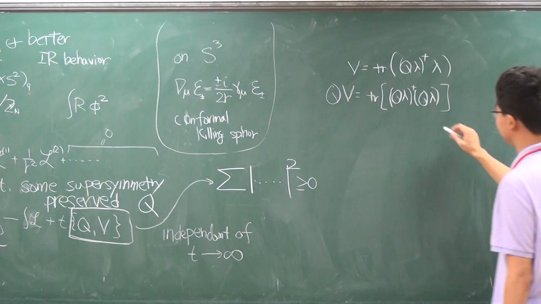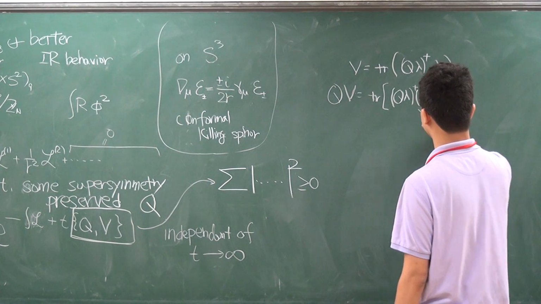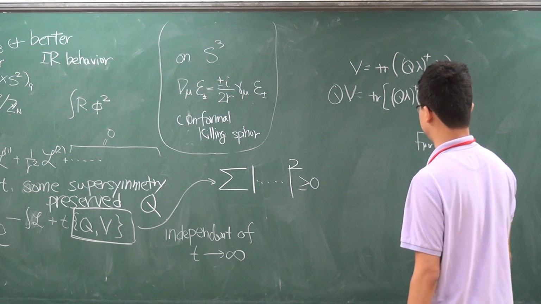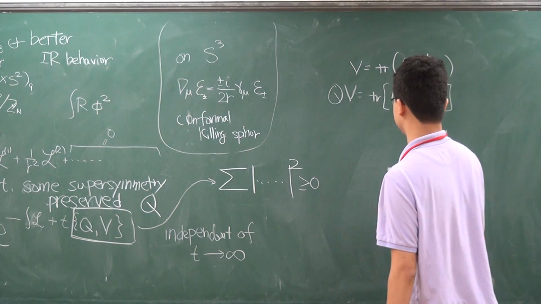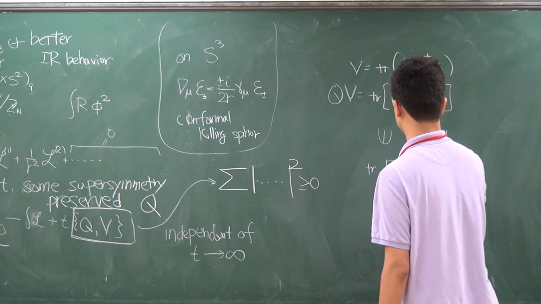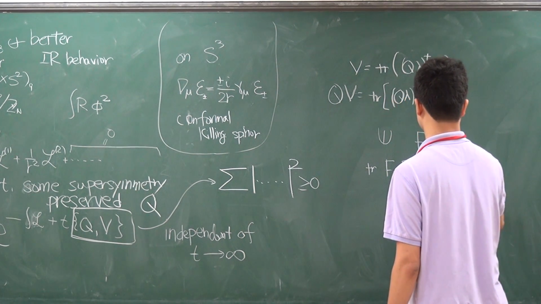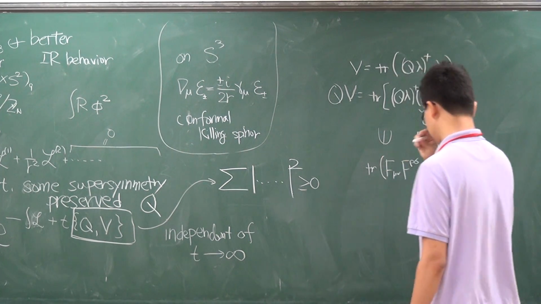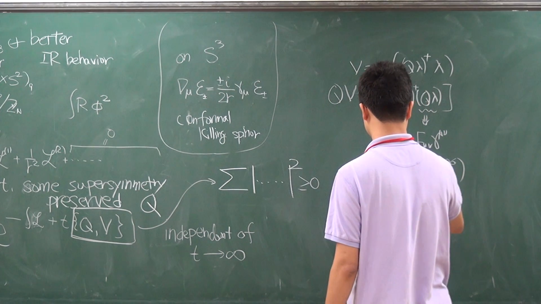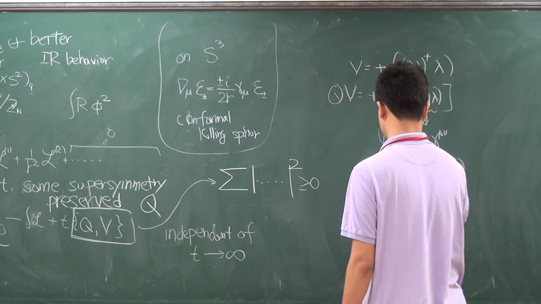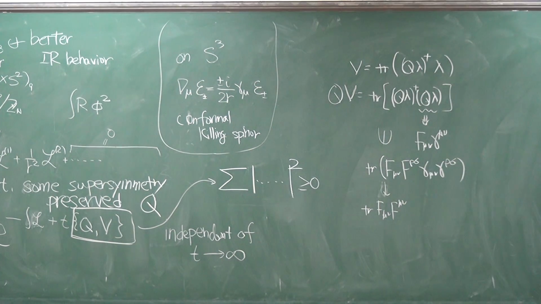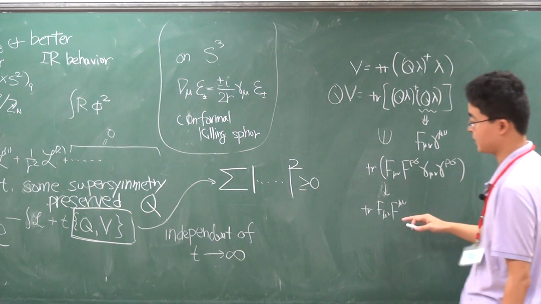And in fact, in the gauge theory, the supersymmetry transformation for this contains a term like F mu nu gamma mu nu. So this contains a term like trace F mu nu F rho sigma gamma mu nu gamma rho sigma. And if you do a little bit of exercise, this becomes a term like F mu nu squared, which is, of course, the kinetic term for the gauge field.